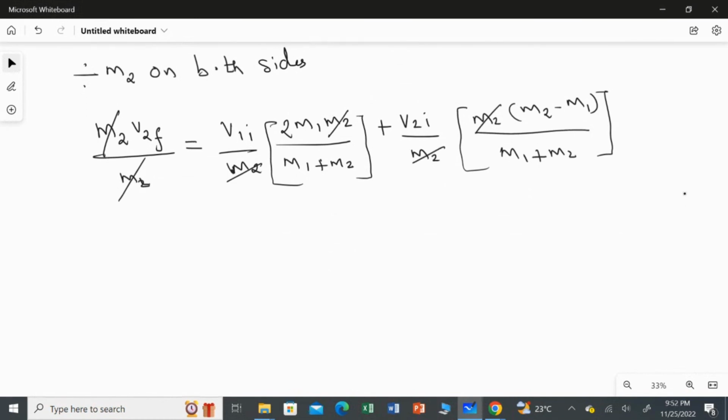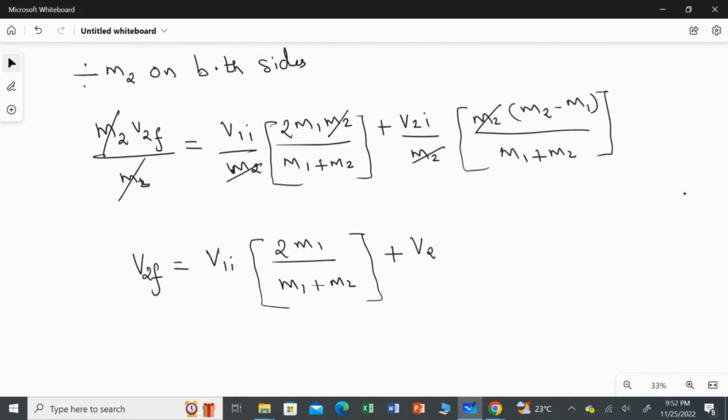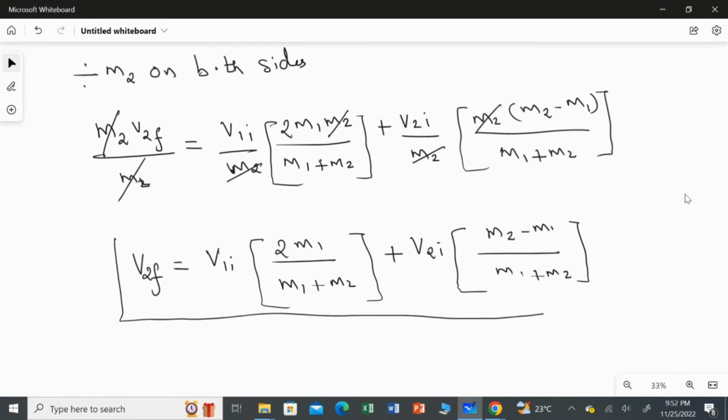So by that the final answer of the final speed of the second mass, which is V2F, equal to V1 initial of 2 times of M1 over M1 plus M2, plus V2 initial of M2 minus M1 over M1 plus M2. So this is the answer for the final speed of the second mass.